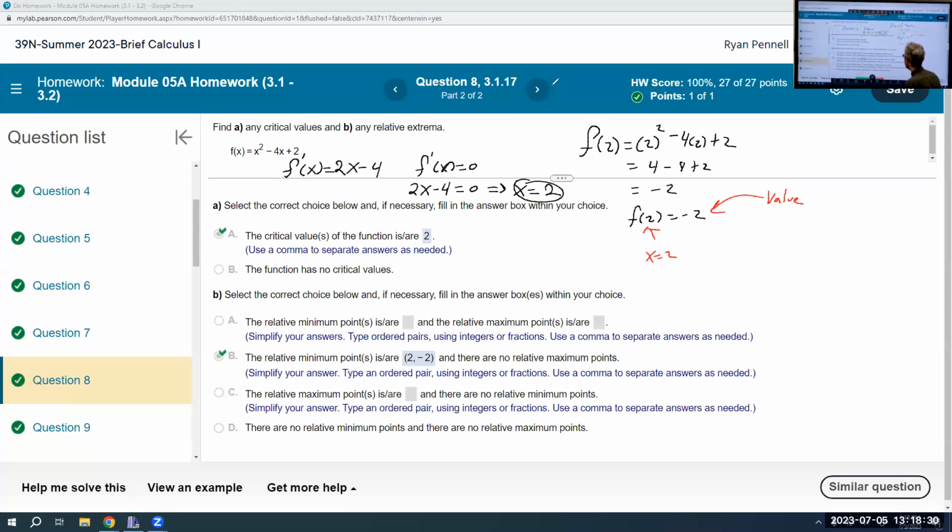What's the relative minimum? Well, why is this a minimum? Because this is a parabola. So this is occurring at 2, at this value f of 2, where we found f prime of x equals 0 and solved for x.